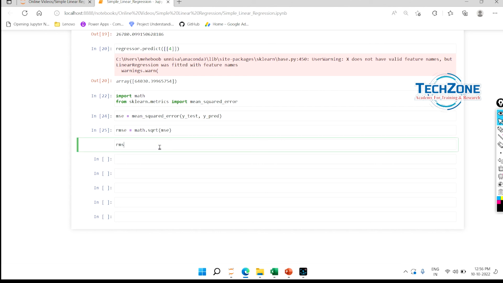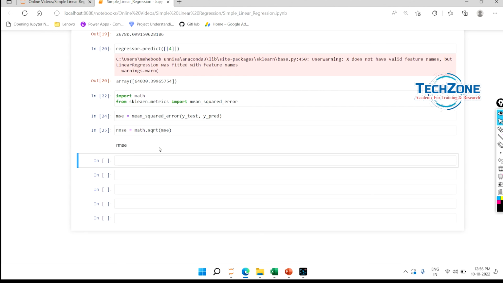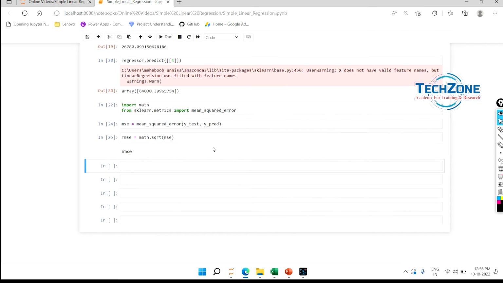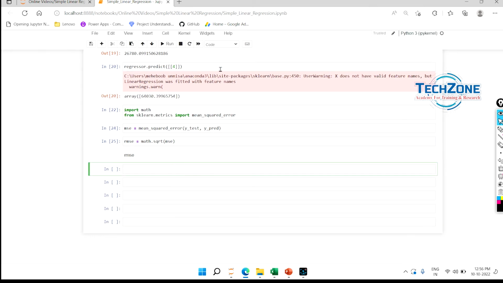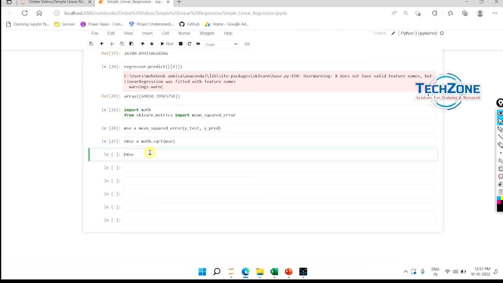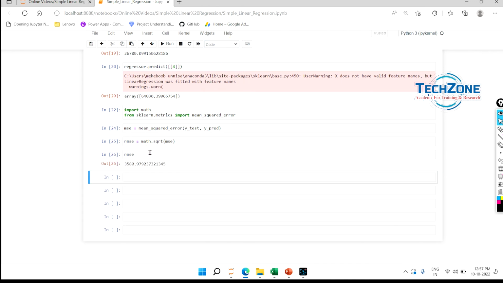Let us go ahead and print RMSE. Sorry, it came as markdown, right? Let us write this as code. RMSE. So this is our root mean squared error.